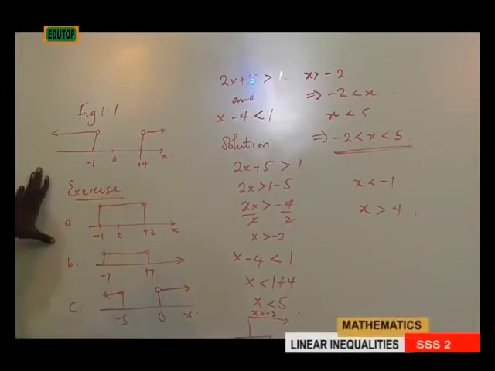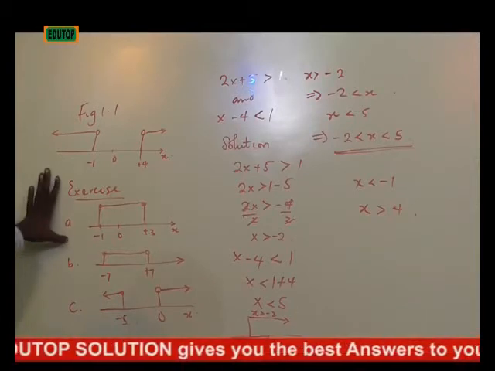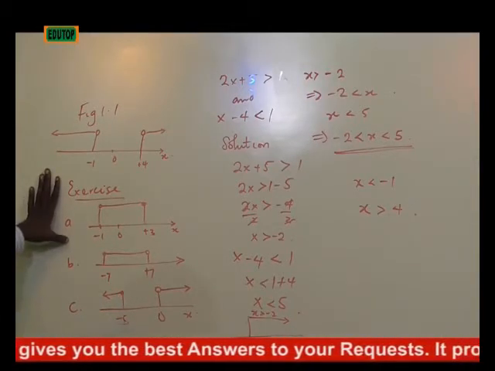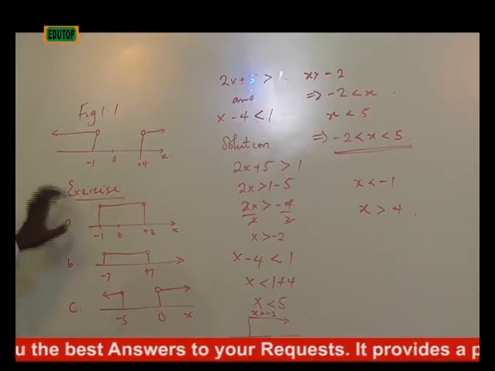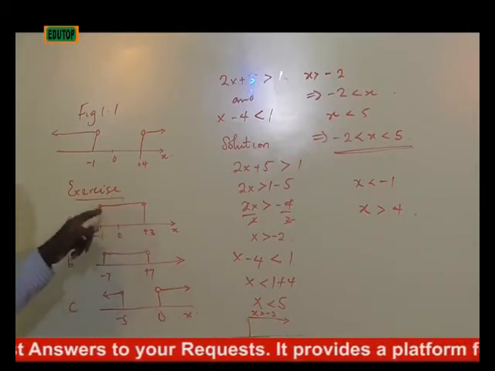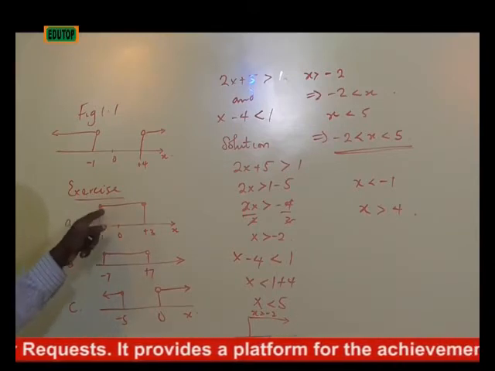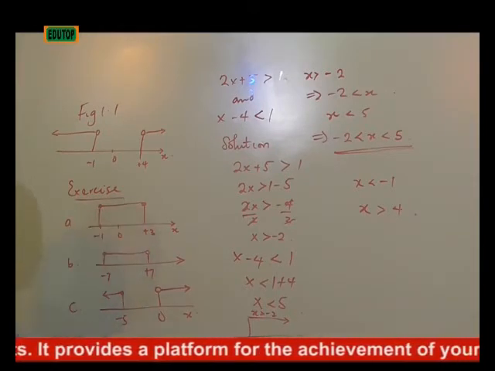Exercise. In this exercise, we are asked to state the range of values for which x is satisfied in the inequality. If you look at both cases, we see that the circle here is painted, and this one is also painted.